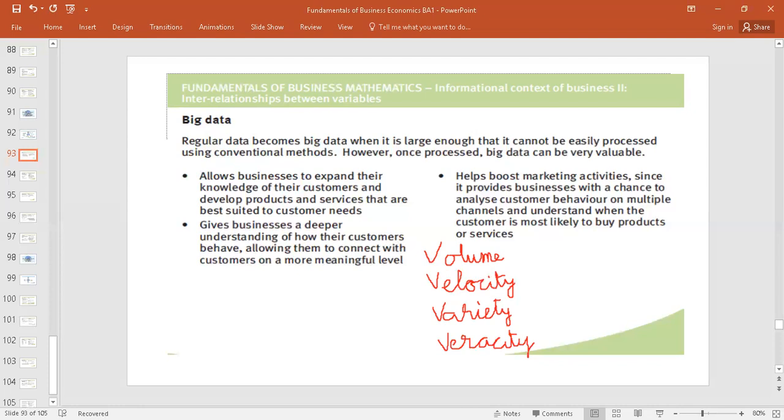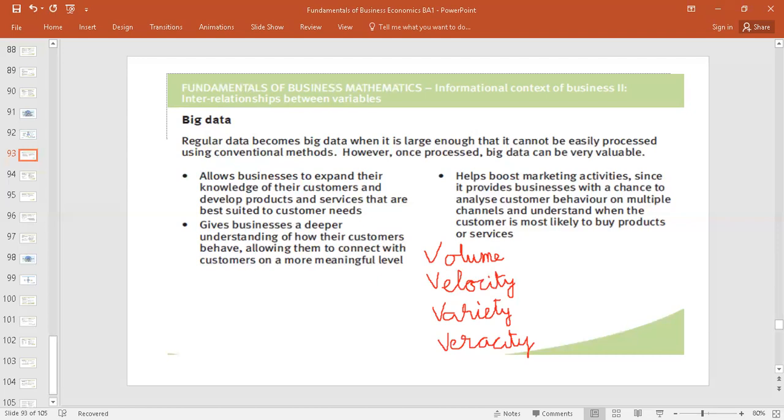Can it be relied? If it is not verified about its genuinity, wrong data can be used and the analysis also would be wrong, which is not dependable. So that is a danger for the organization. So the fourth one talks about veracity. Veracity is that the data for its genuinity has to be validated.